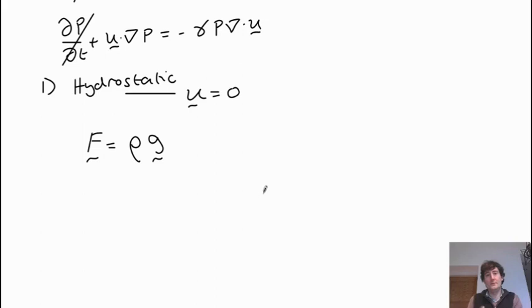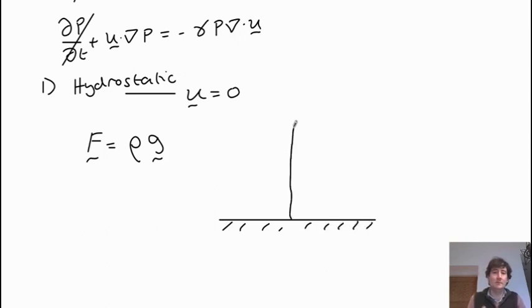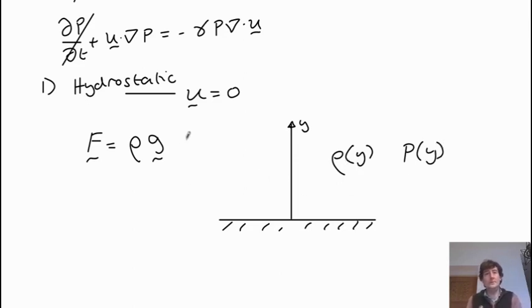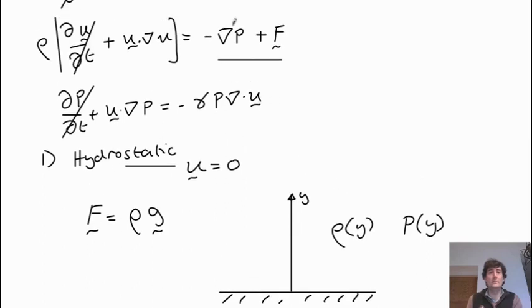And if we have a system like the Earth's atmosphere, where the ground is like this, we have height, which I'm going to call y, and then we have pressure and density, so rho is just a function of y, and pressure is just a function of y, and I said u is equal to 0. And then we have a force balance here.